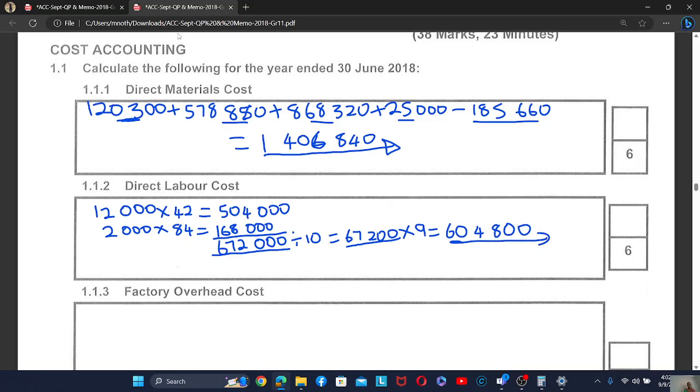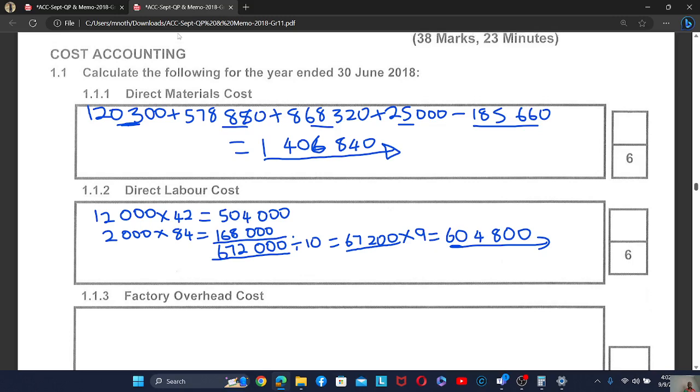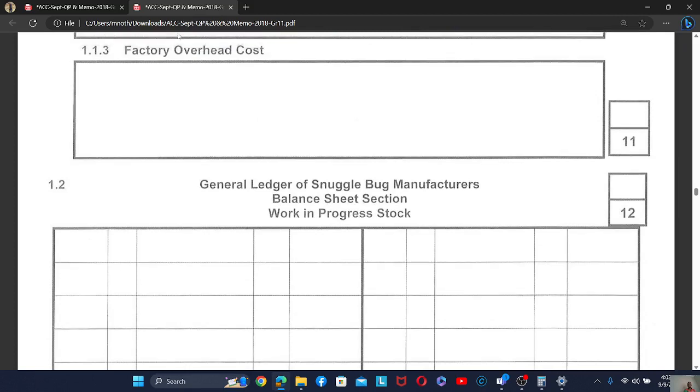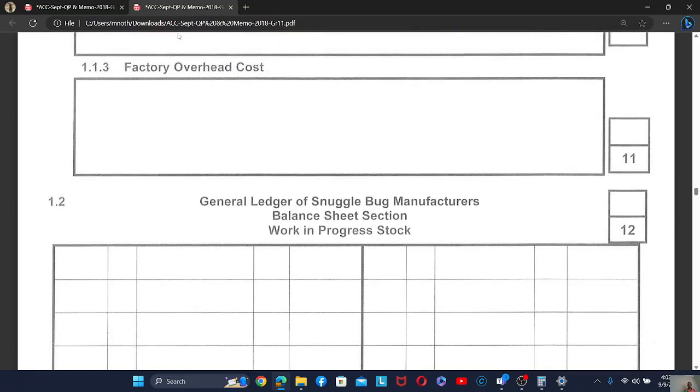So an indirect labor, where do we record it? Under factory overheads. And we already know how much the indirect labor is: 67,200.